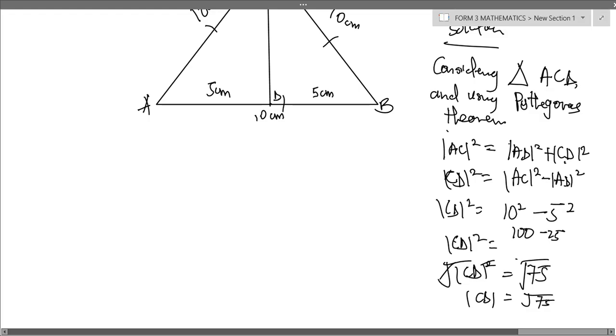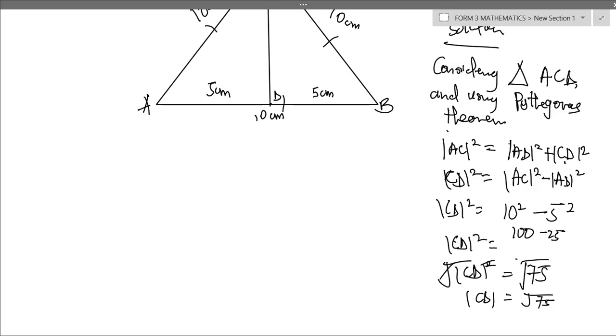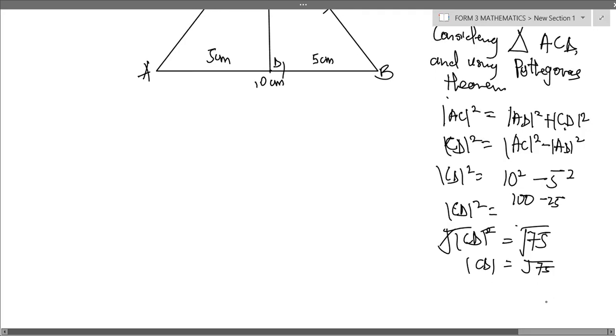Now, 75 is not a perfect number or a perfect square. When we say perfect square, these are numbers that we can find the square root of. For instance, we take 9, square root of 9 is 3, a whole number. We take 16, square root is 4.